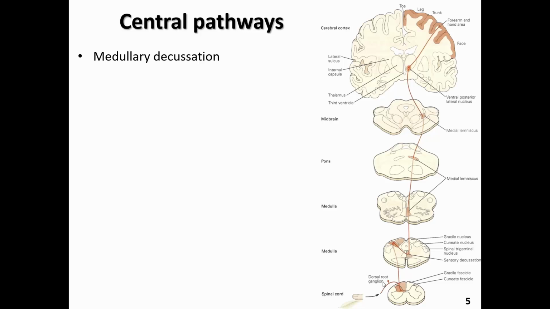And that information comes in, we see the dorsal root ganglion that houses the cell bodies for those sensory neurons. And that information, in addition to interacting with interneurons at the spinal level, will also send a very long branch up to the medulla in the brainstem region, where it will synapse onto neurons that will decussate.